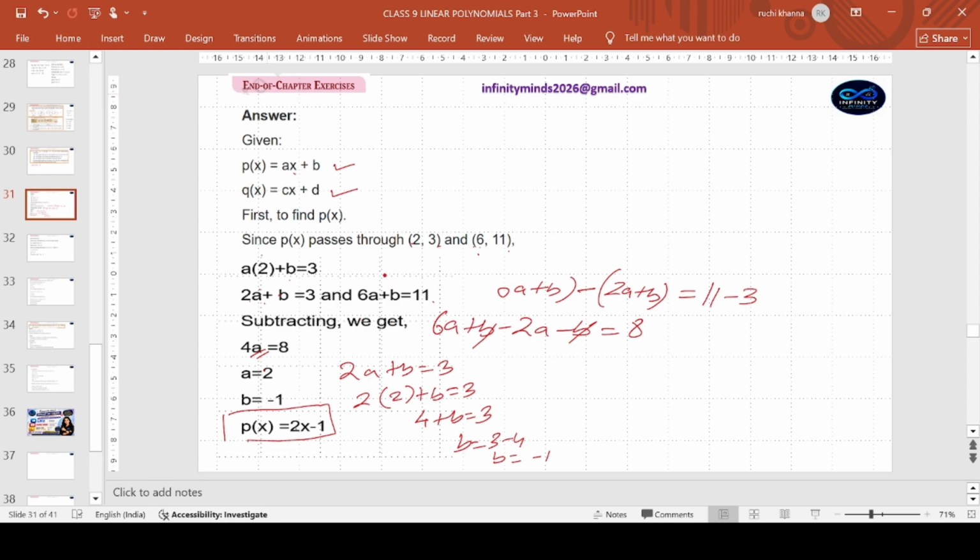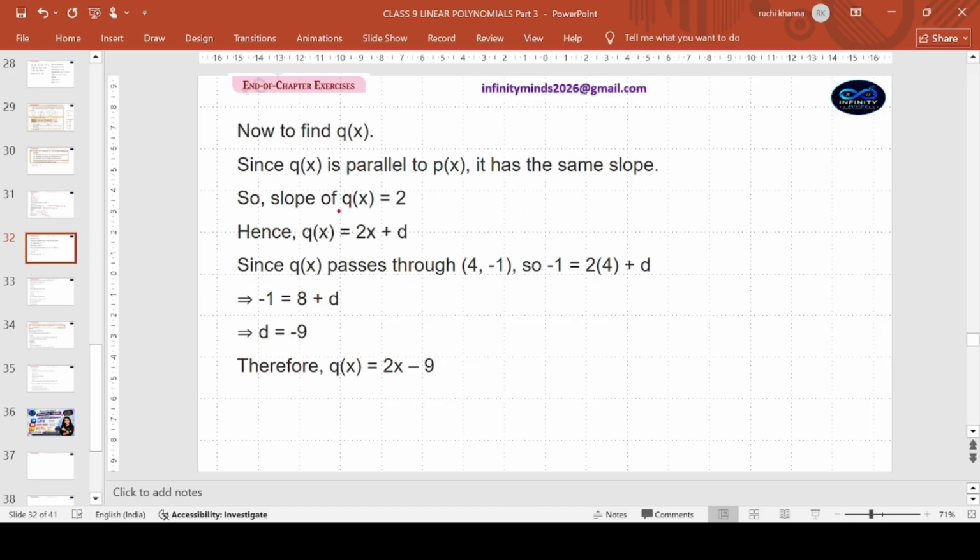So there was a condition. We were told that the two line graphs are parallel. Parallel means the slopes will be equal. Now your q(x) is given to be cx plus d. That means this c also becomes 2 because you will share the same slope.